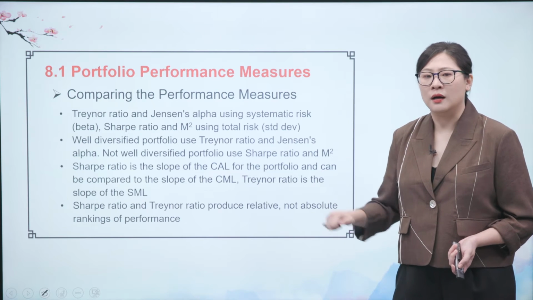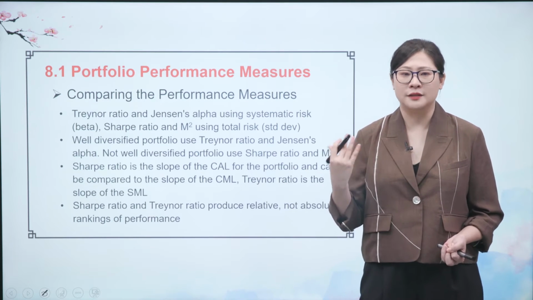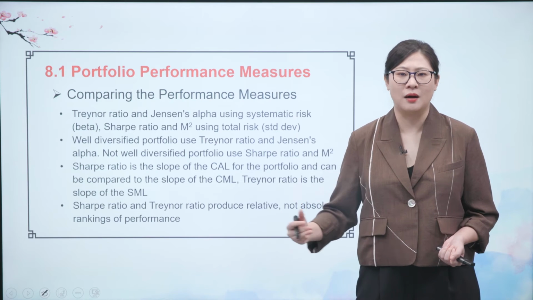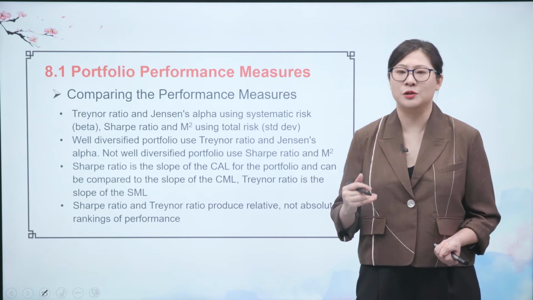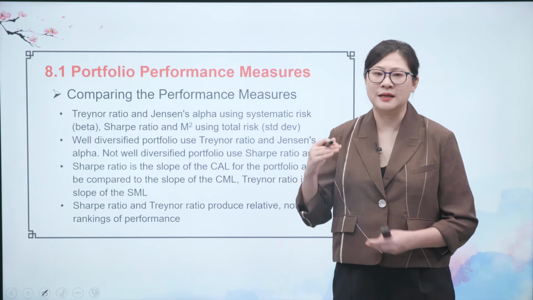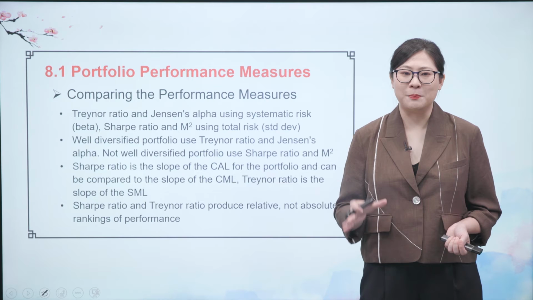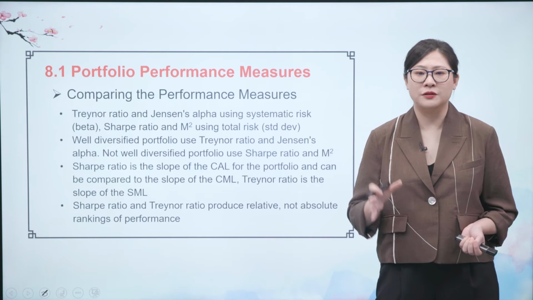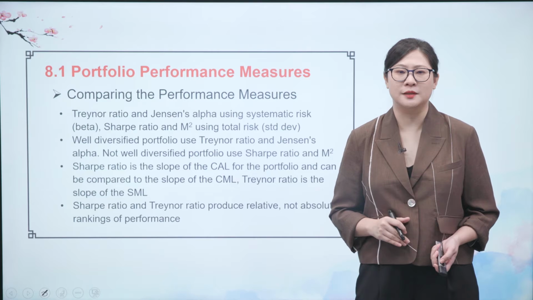The Treynor ratio is the slope of the SML, the security market line, based on the capital asset pricing model, CAPM. That's the difference between them. The last one: the Sharpe ratio and Treynor ratio produce a relative, not absolute, ranking of performance.